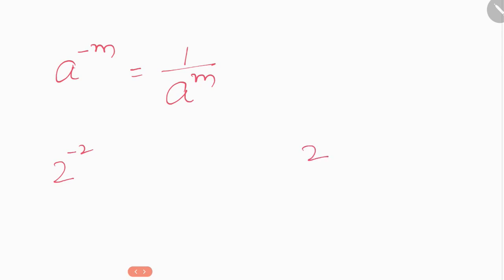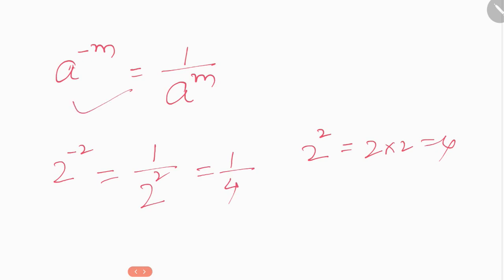Generally 2 power 2 we can write as 2 into 2, that is 4, but when the negative sign is there in the power, we can't simplify it. That's the reason this law is very useful to simplify these kinds of exponential forms. According to this, a power minus m is equal to 1 by a power m. So how can I write 2 power minus 2? 1 by 2 square. Finally we'll get the answer 1 by 4. That is the use of this very important law.